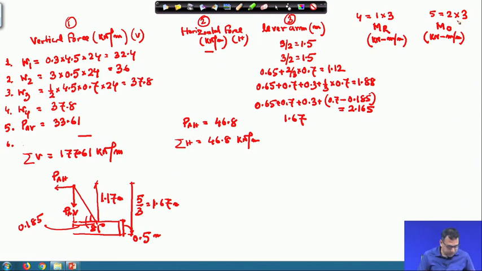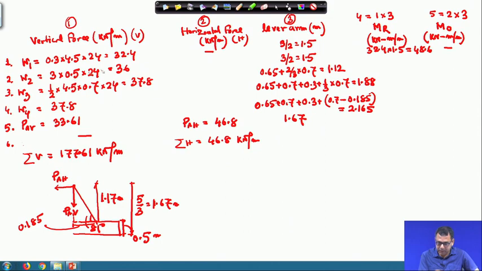For the first one, 32.4 into 1.5 is equal to 48.6, and the overturning moment will be nothing.